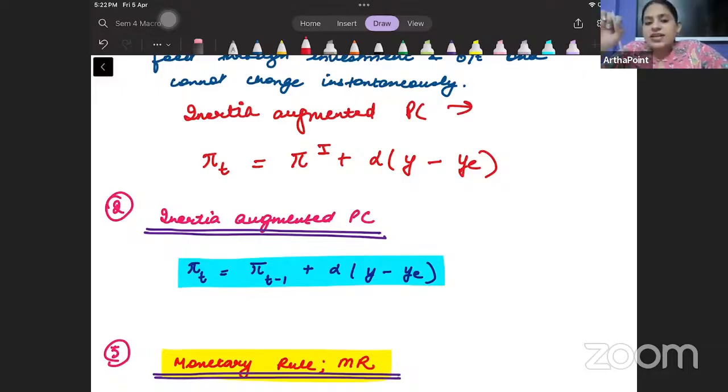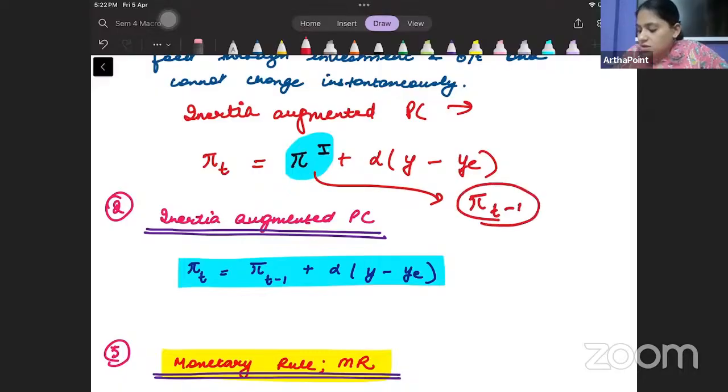And then we had said कि देखो inflation में जितनी भी inertia है, inflation में जितने भी changes हैं, it is assumed that it only comes through the past inflation. It only comes through the lagged inflation. It only comes through the last year's inflation. So we had assumed that this inertia inflation is nothing but it is actually your last year's inflation.